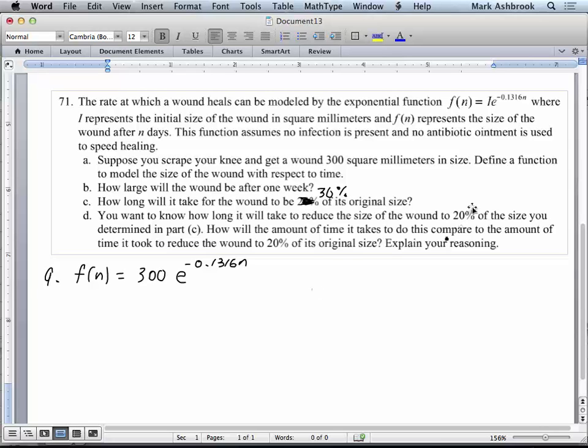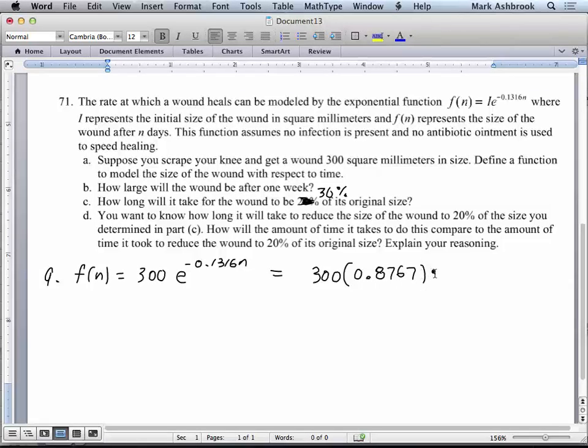Justin? f of x equals 300 times 0.8676 to the n. Yeah. How about that? Both ways.